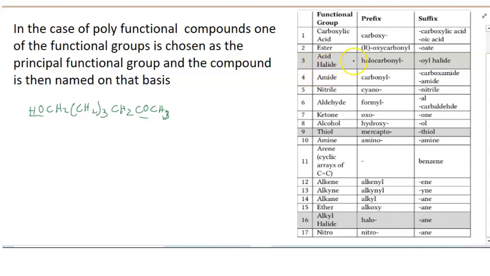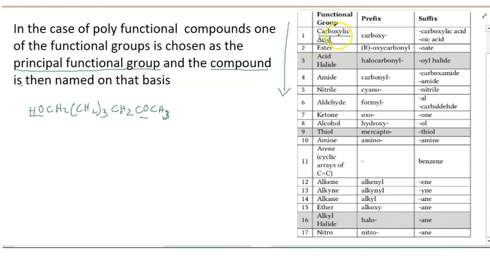Which priority? The first option is carboxylic acid. When I see carboxylic acid, the compound is named on that basis, meaning this is the principal functional group. This is the decreasing order.